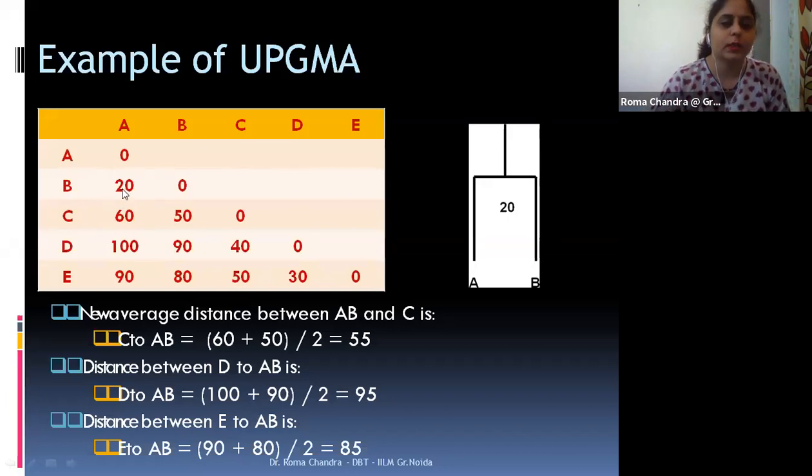So 20 is the minimum value, and you can see it is between A and B. So the species A and B are dissimilar to each other and the score value is 20. So we consider that A and B are the most similar sequences out of all, and the difference between them is 20. So what we need to do is create a node.